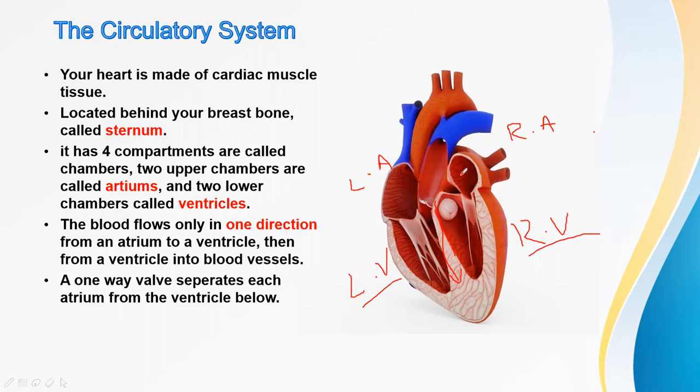This wall prevents mixing of pure blood and impure blood. Pure blood means oxygen-rich blood, and impure blood is oxygen-poor blood.